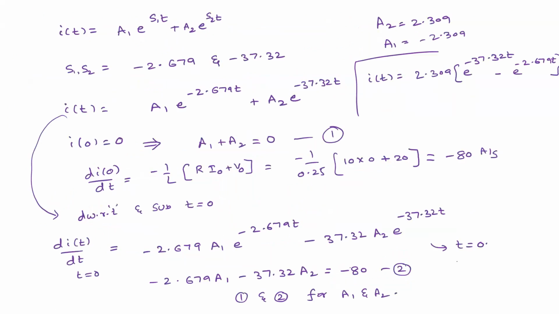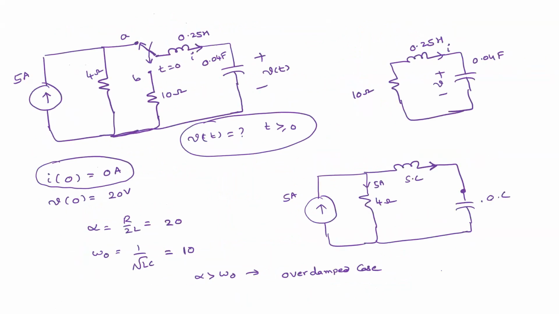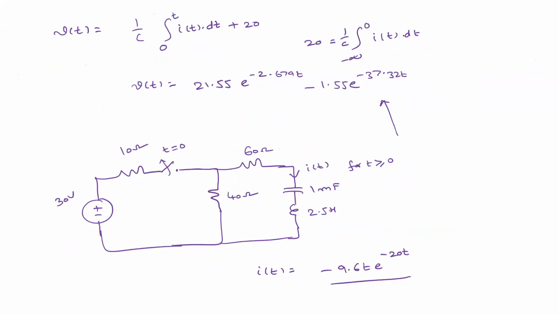It is a series RLC circuit, and instead of i(t) we asked for v(t). So what we did is we calculated i(t) first, and from that, by integration, we calculated v(t).